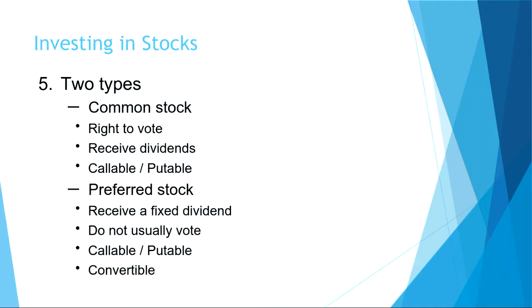This preferred stock also can be callable or puttable again. And additionally, this can be convertible as well. This preferred stock can be converted to the common stock with a conversion ratio, of course, right? So this conversion ratio is again predetermined. When it's issued, if it is convertible preferred stock, then you know this conversion ratio.